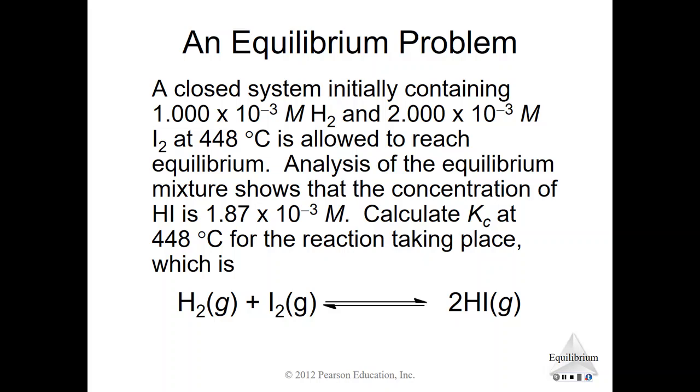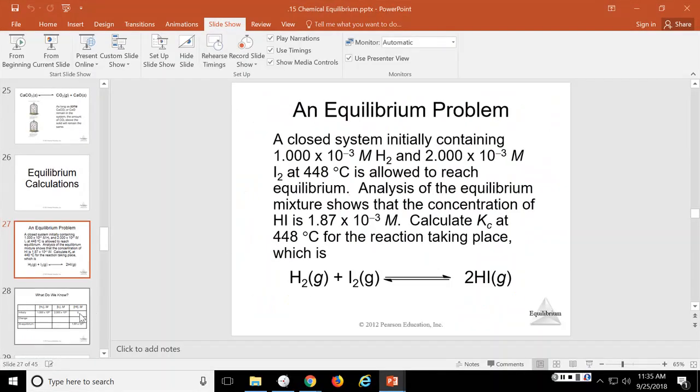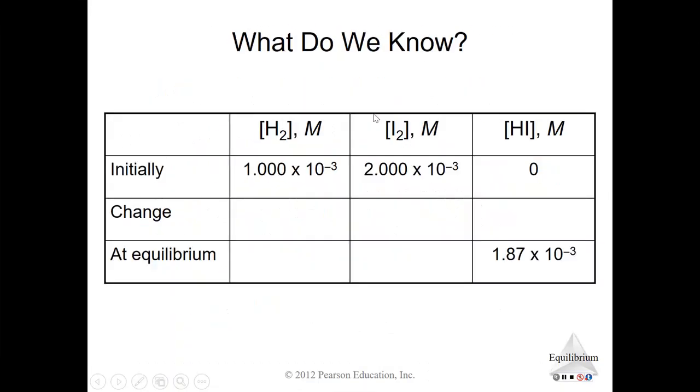Okay, let me just do this. Actually, I do have it pretty well set up. When we look at this, I probably should have written the equation up here in this box, but I didn't. Remember, it was H2 plus I2, reverse arrow, 2HI.